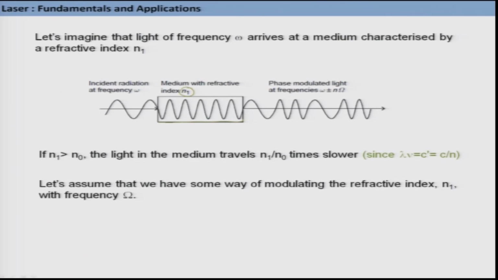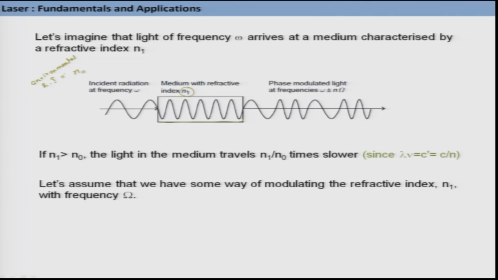Everywhere else, apart from this active medium, suppose the refractive index is n0. So this is my environmental refractive index, equal to n0. Fine. So the light goes through that active medium and faces its refractive index n1.